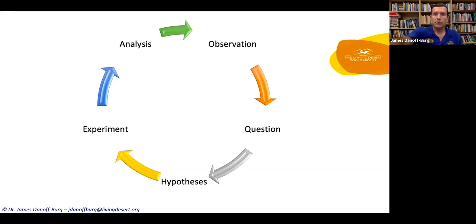So the question then is, how can we stop that conflict from happening? Possibly we could try to reduce the number of cheetahs that have access to livestock, possibly through the use of a dog. Then we do an experiment with that, we analyze the data, and it continues again, and we can keep refining and improving our question. Right?